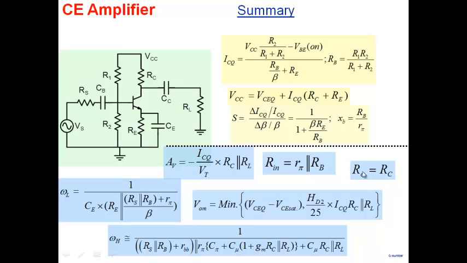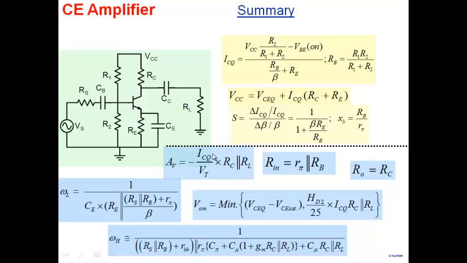So when you are trying to adjust ICQ to obtain a certain value of AV, the value of ICQ which is optimum for that may not be optimum for obtaining the value of Rn, or may not be optimum for obtaining the value of V0M. So you invariably end up with a trade-off.